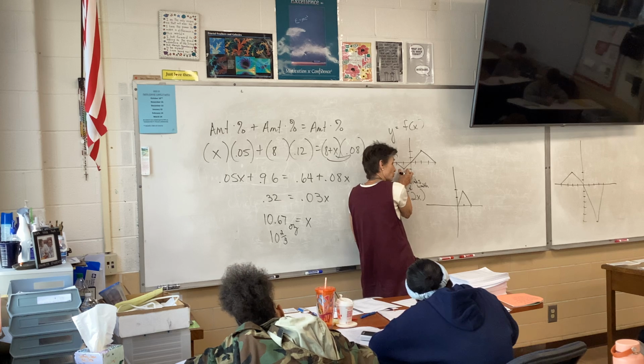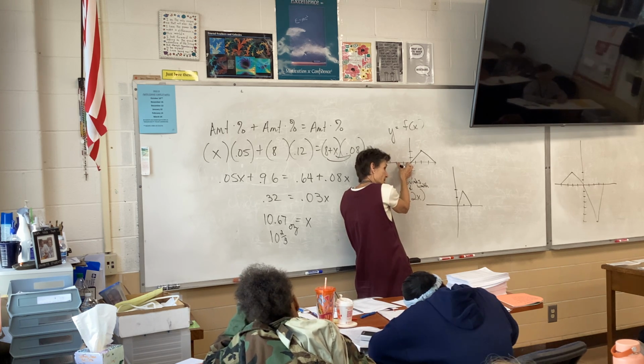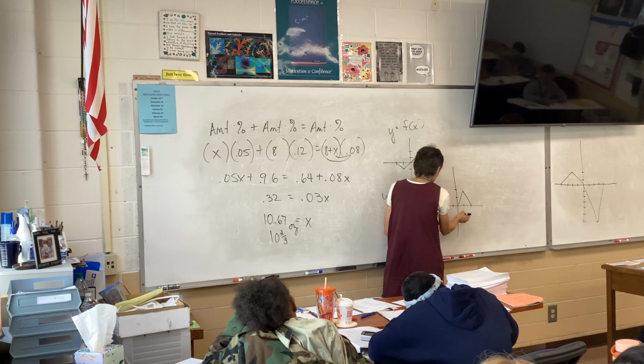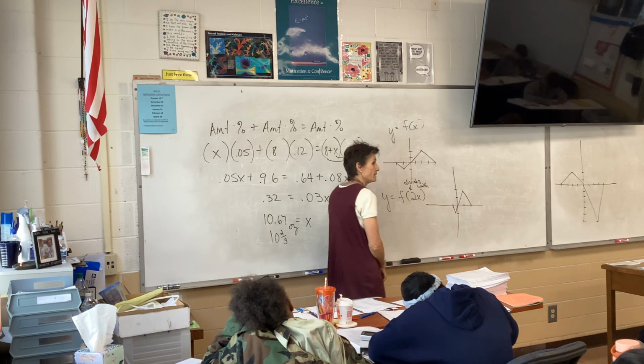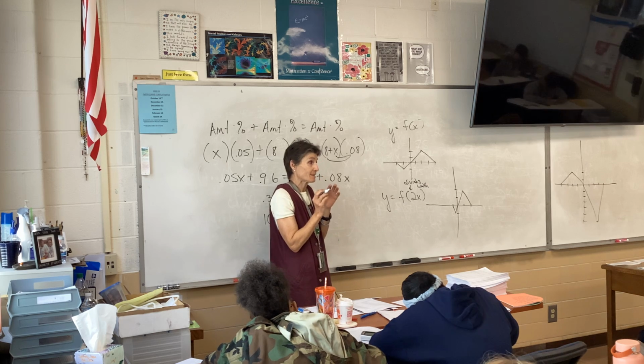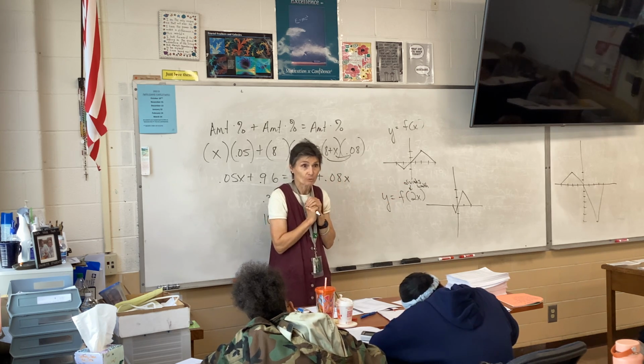And the short little triangle was 2 blocks wide and 1 block tall. So now it's still 1 block tall, but it's only 1 block wide. So all of the x's, the width, got divided by 2.